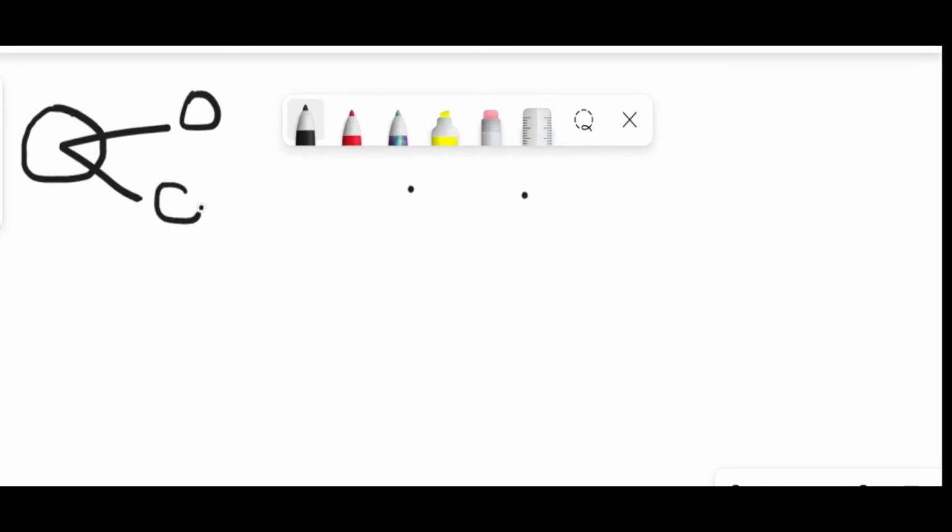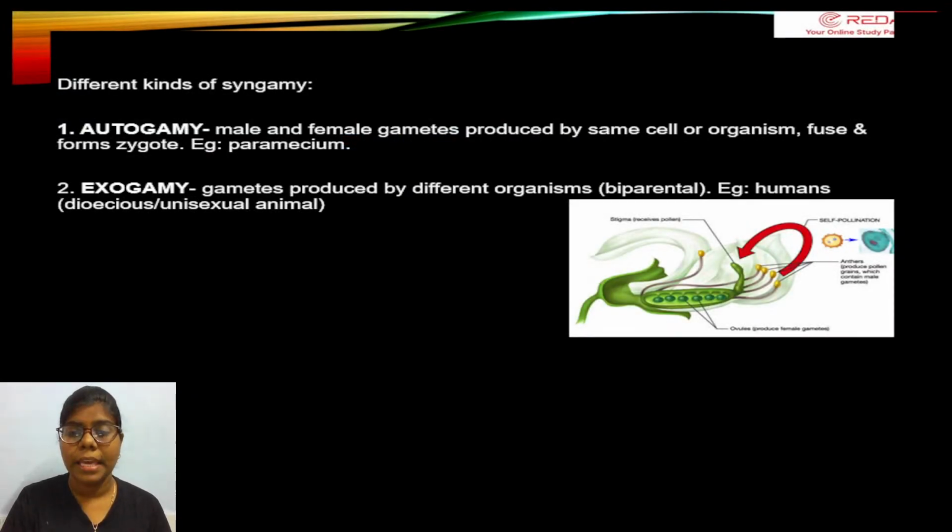So when you take autogamy எப்படின்னா, ஒரே organism இருக்குன்னா ரெண்டு male female ரெண்டுமே வந்து ஒன்னுலயே இருக்கும். So same cellல it will be present. If it is in that case, then we call it as autogamy.